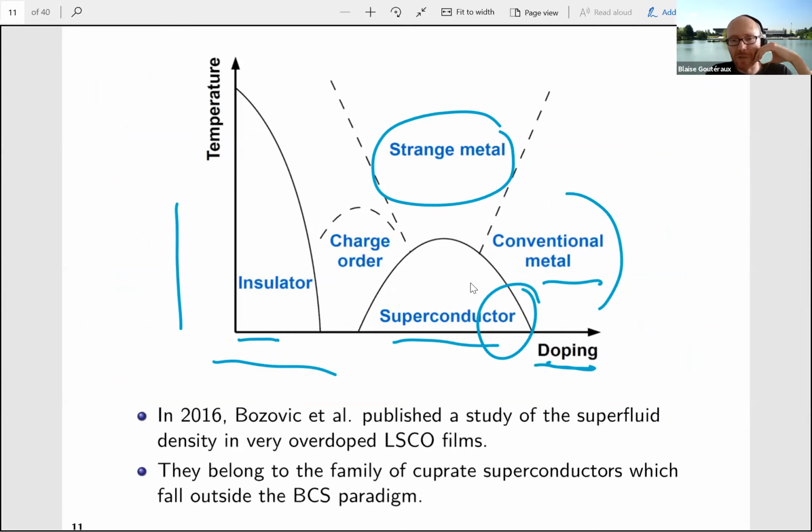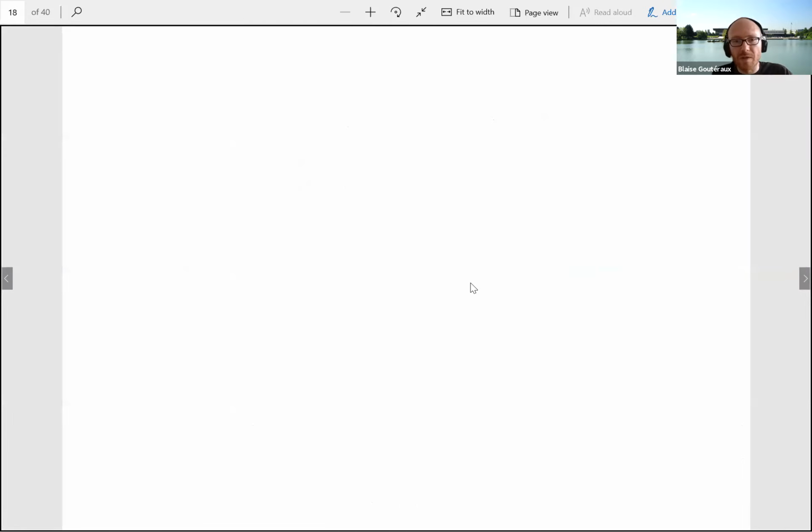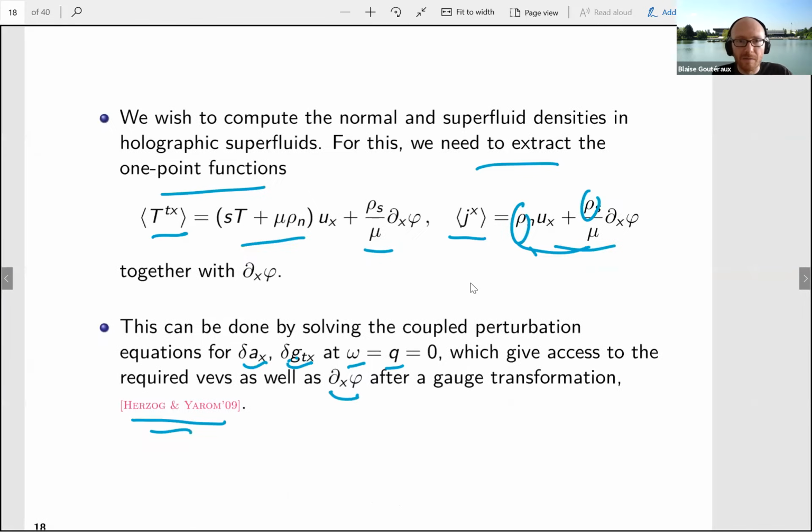So you shouldn't take this seriously. Doping, as I said at some point, has to do with the chemical composition of the material that people are considering. They're substituting some atoms for others, etc. So it adds charge carriers. Here in my holographic system, what I'm doing is varying the, go back.